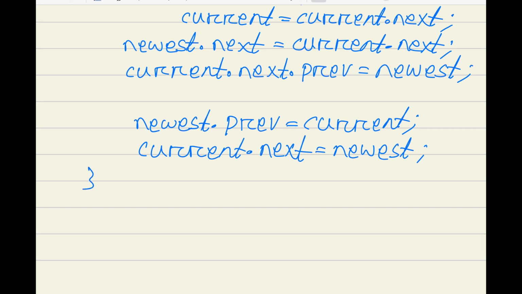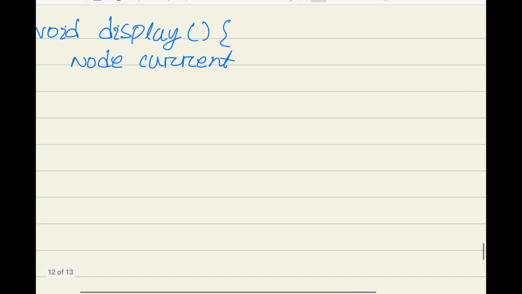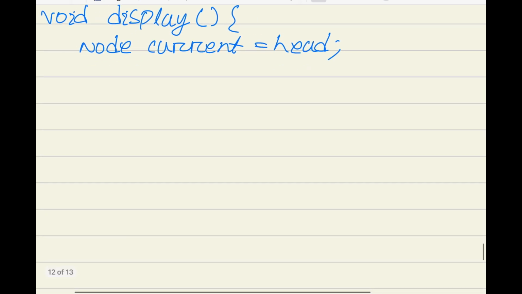Now we are going to write another method, that is to traverse the linked list or to display the elements of the linked list. So for that, assume the name of the method is display. So void display. It is not taking any parameter. Now here we are taking a temporary reference current, and initially current refers to head.